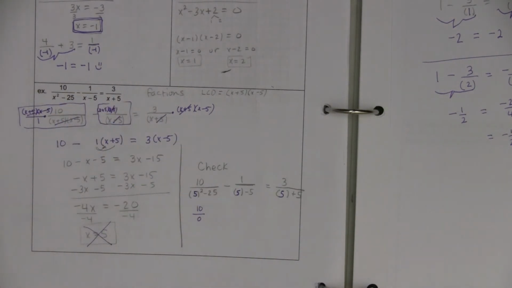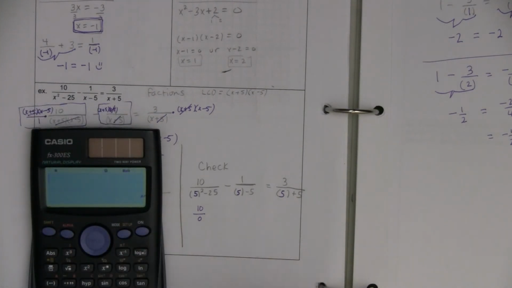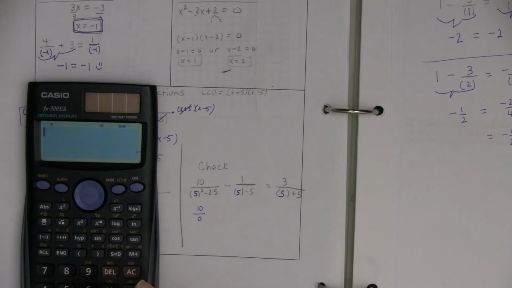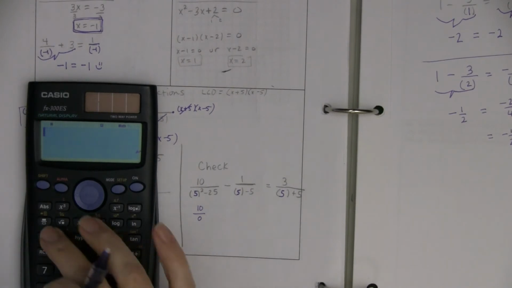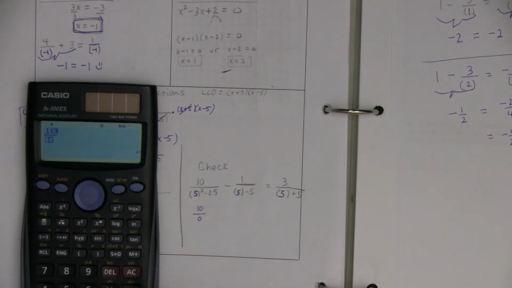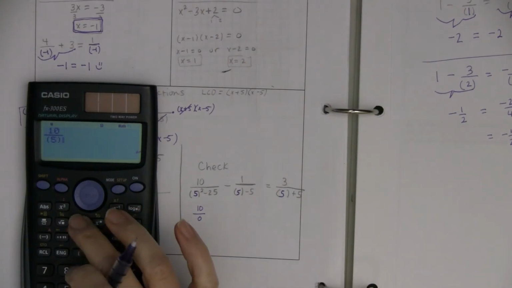Now, you might not have noticed. You might have put it in your calculator, like I had been doing. I try to notice, is the denominator 0? But let's pretend I didn't see that.